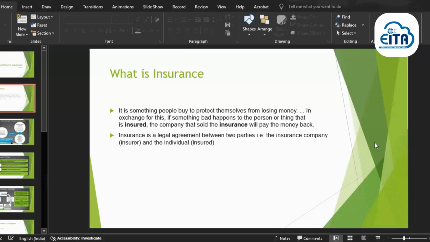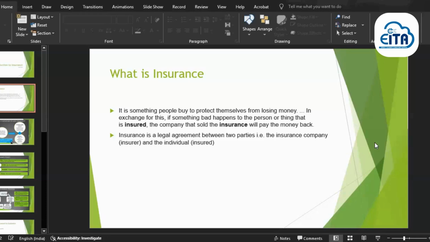So basically, insurance is something, as you all know, right? Even if it is India or any other country, US, Canada, doesn't matter, right? People purchase insurance in order to protect themselves in case of losing money. And we have two parties involved here in the insurance, okay? One is the insured and one is the insurer. Remember these two terms, insured and the insurer.